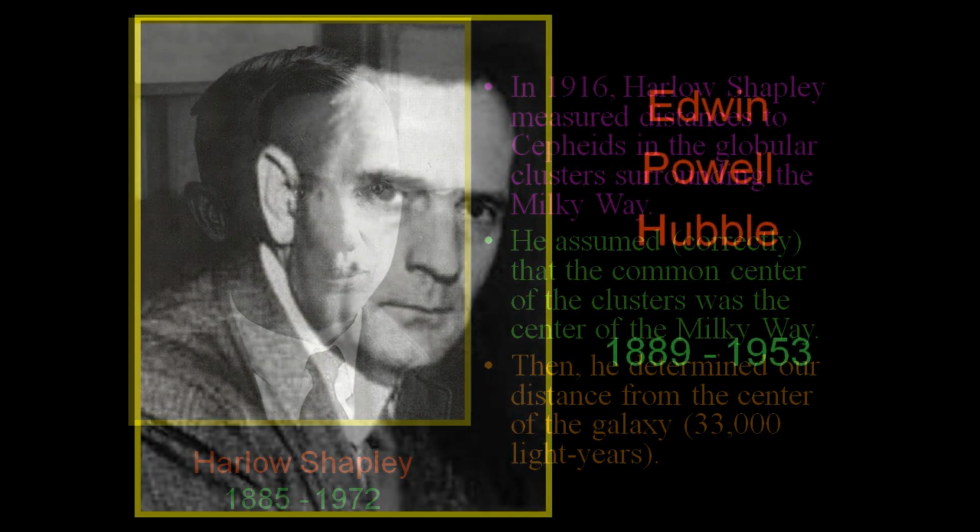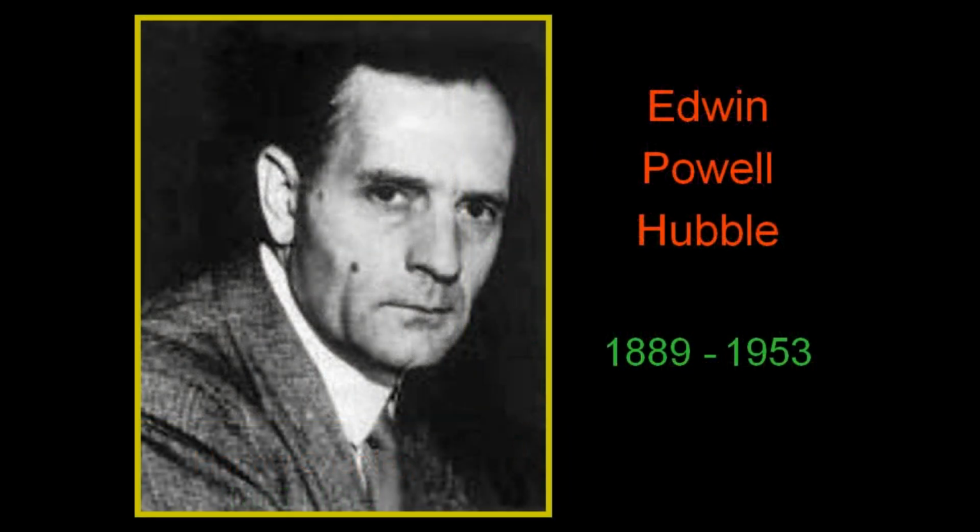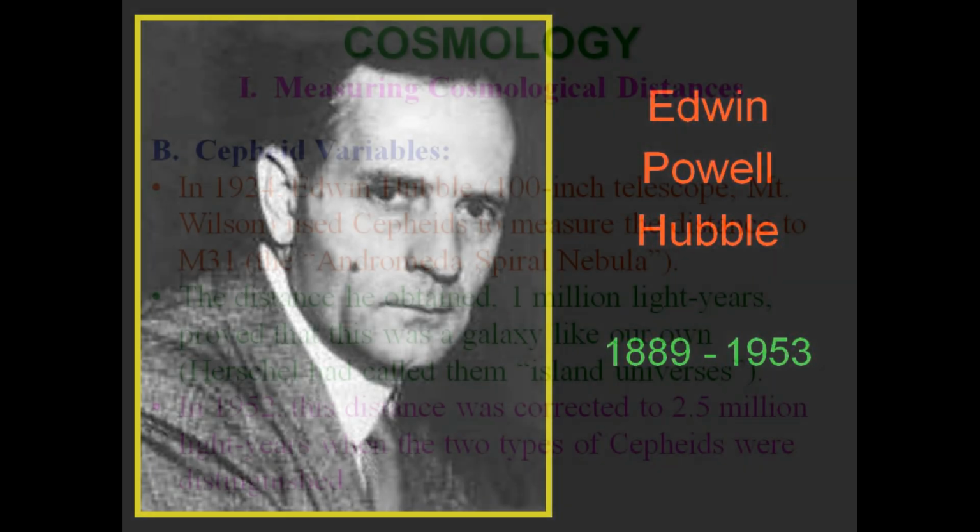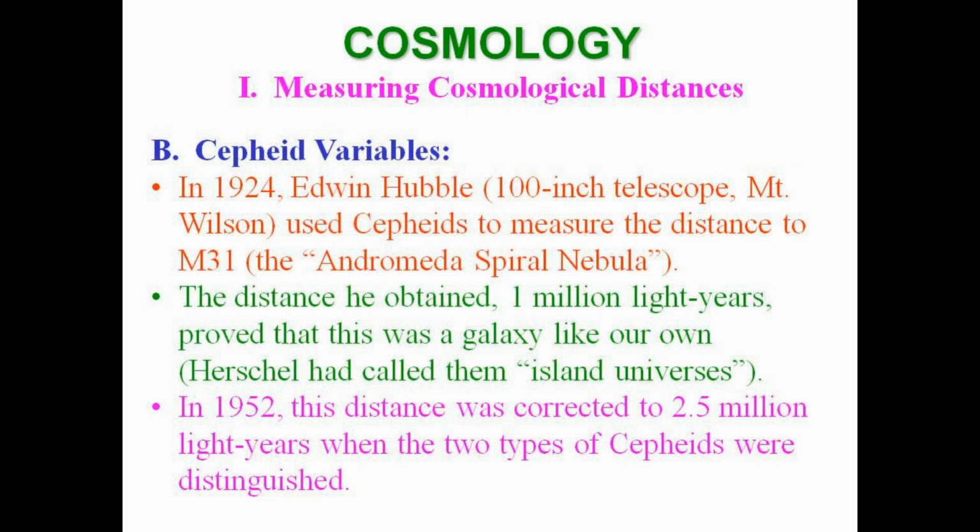And then Hubble later on started measuring Cepheid variables using the biggest telescope in the world at the time, the 100-inch at Mount Wilson, Cepheids in other galaxies, and proved that they were so far away, like at least 1 million light years to the Andromeda galaxy, that they could not possibly be part of the Milky Way but were separate island universes.